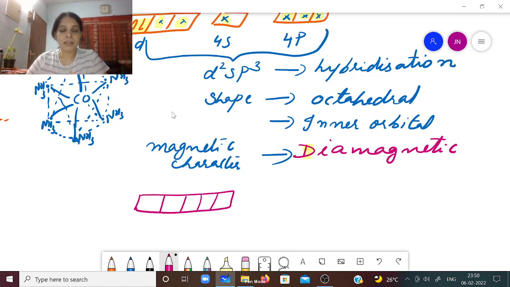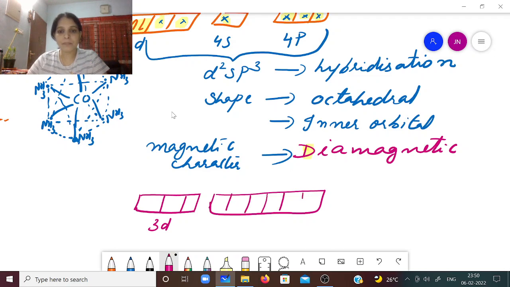So I'm showing it together. That is a hybridized one I'm showing together. So these are 3d where electrons are already present, and these are 6 hybridized orbitals. What hybridization is here? d2sp3. 6 hybridized orbitals are there, right? So now we know that electrons are already there. That is, these 3 electrons are already there.